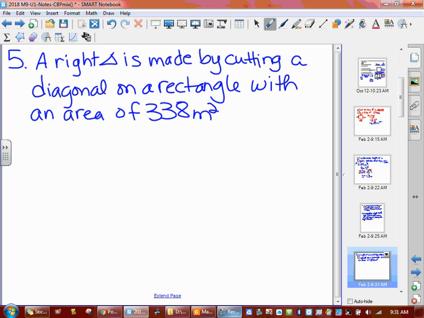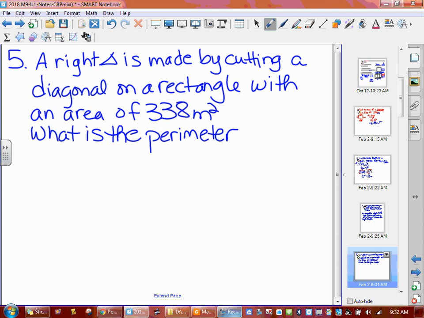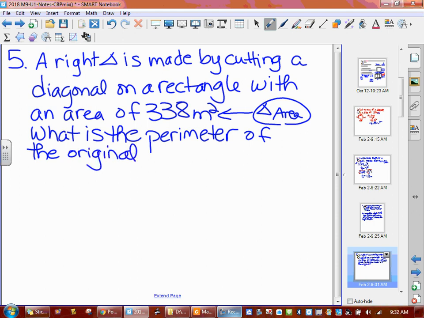What is the perimeter? Sorry, this is the area of the triangle. Triangle area is 338. What is the perimeter of the original rectangle? So that's another question.